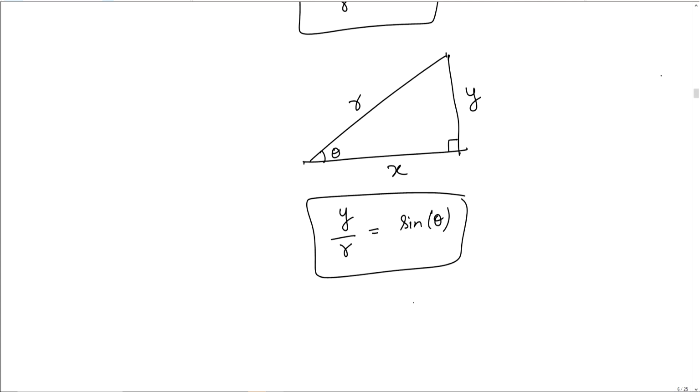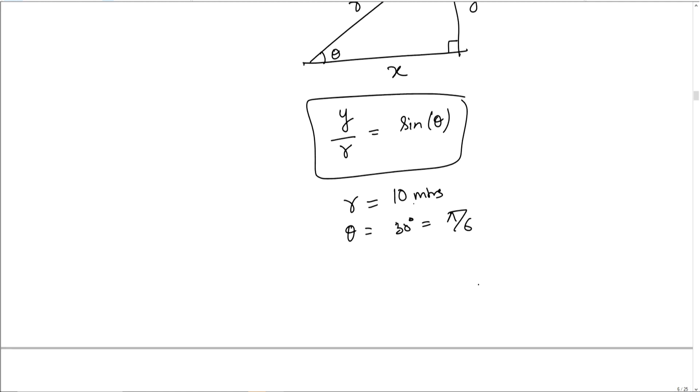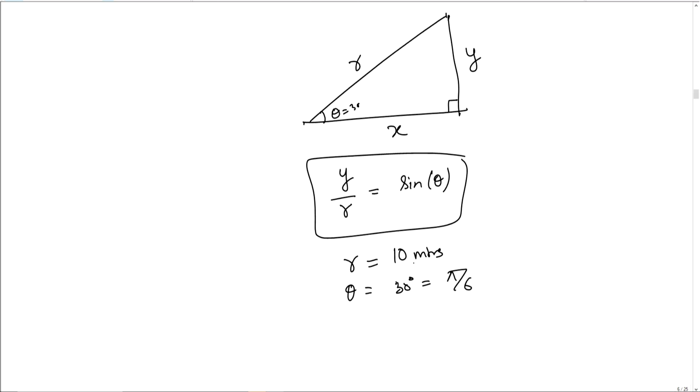Now, let us go back to that problem. Let us say you are given that the length of the ladder is 10 meters, and you are also given that the angle it makes with the ground is 30 degrees, which is basically pi by 6. Then what is the height of this point P from the ground?